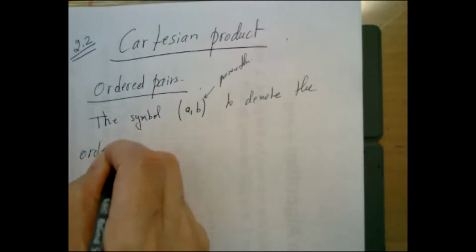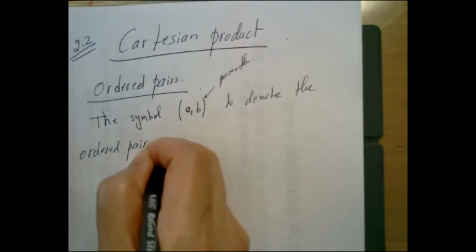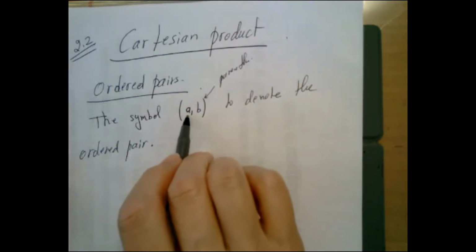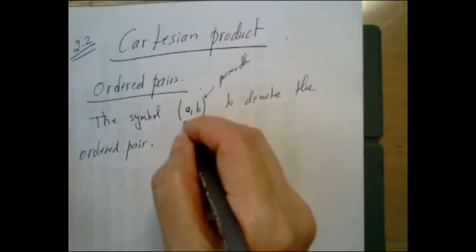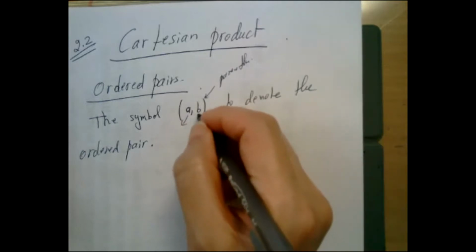Here A is the first term and B is the second term. So this is called the first term of the pair, and this is the second term of the pair.